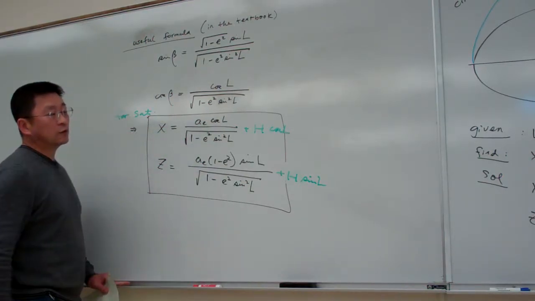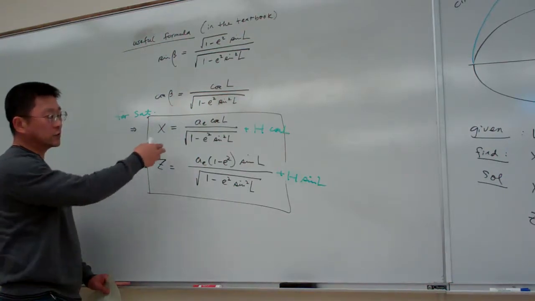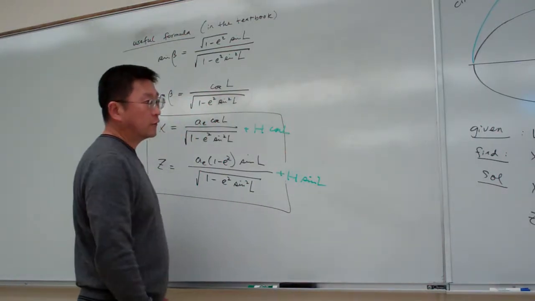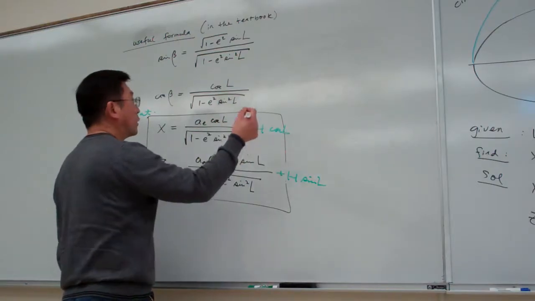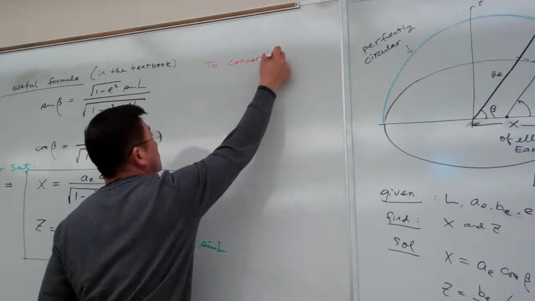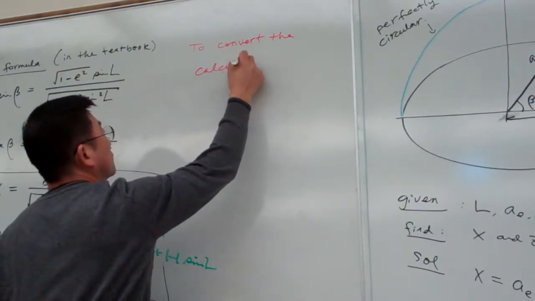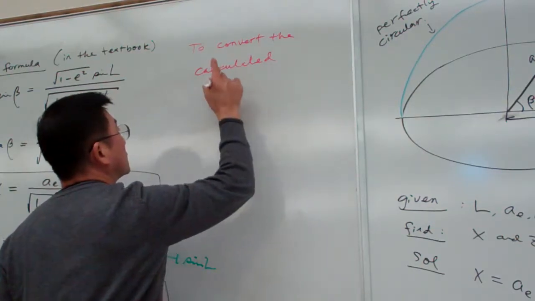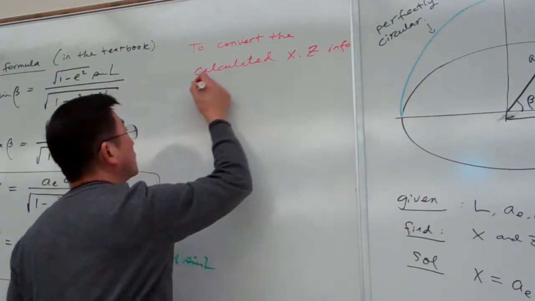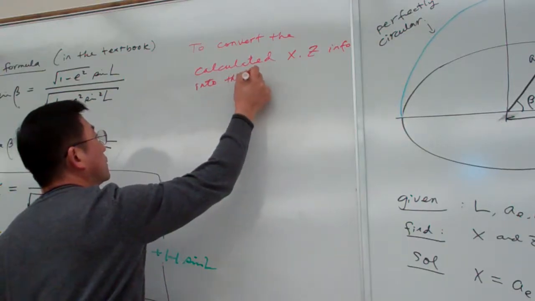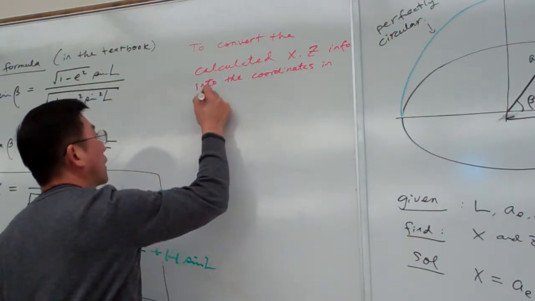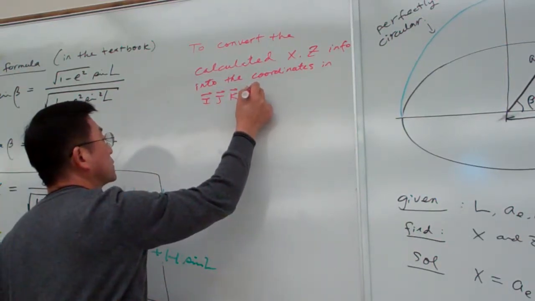So from here we have the descriptions of the two quantities x, z for a satellite. It really depends on which point you want to do, and you can continue adding on. So now we have the information, and we want to convert the calculated x, z information into coordinates in the IJK system.